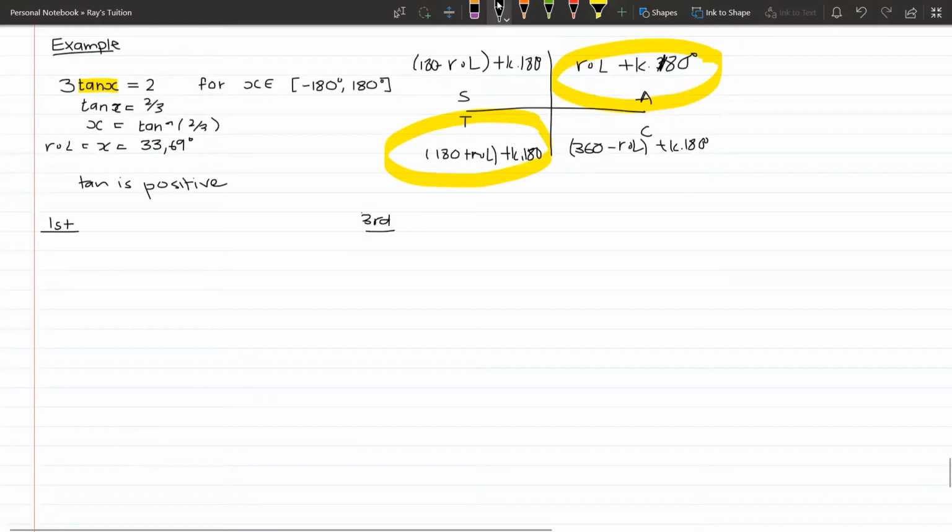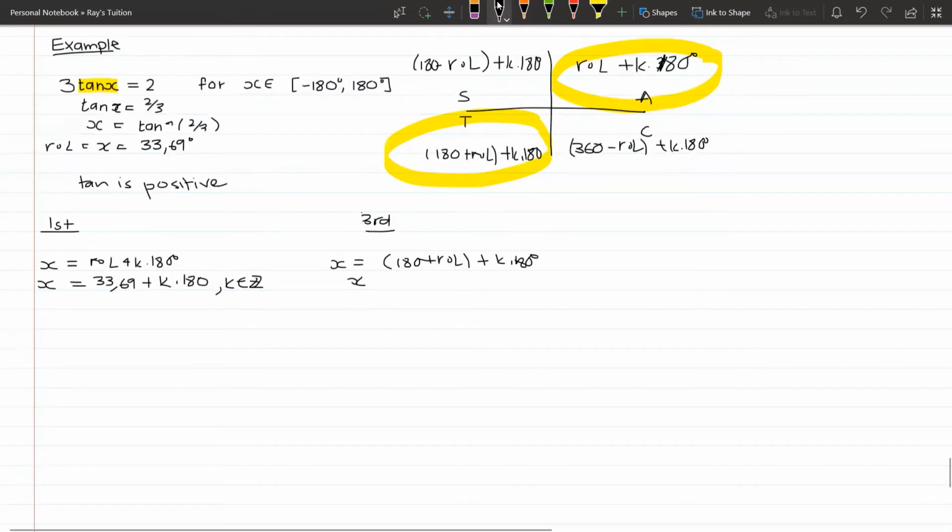In the first quadrant, our x will be equal to our reference angle plus k times 180, and our reference angle is 33.69, so that will be 33.69 plus k times 180, where k is an element of the integers. So that is our general solution for the first quadrant, and in the third quadrant, we have that x is equal to 180 plus our reference angle plus k times 180.